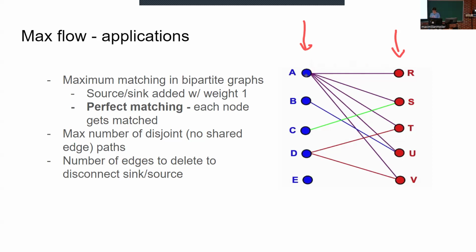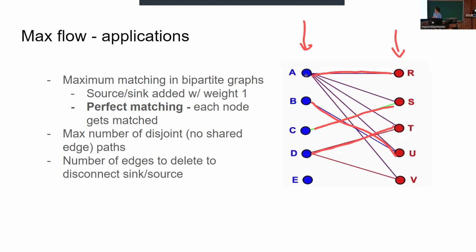And you want to uniquely match up nodes between the two groups, such that each of them is paired up without two of them sharing something. So there's no two nodes pointing to the same one. Each of them has their own pairing, one node in this set and one node in the other set. This is what's known as a matching.